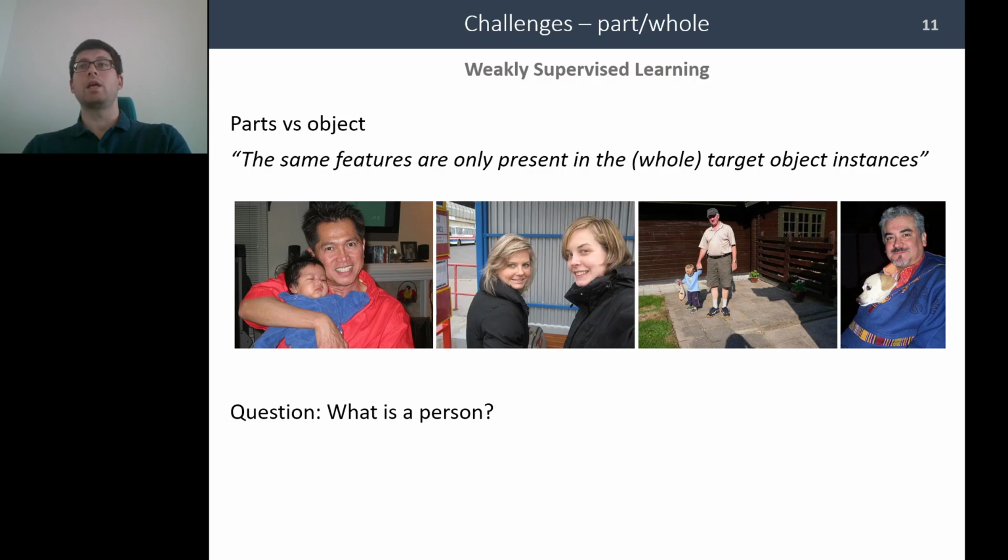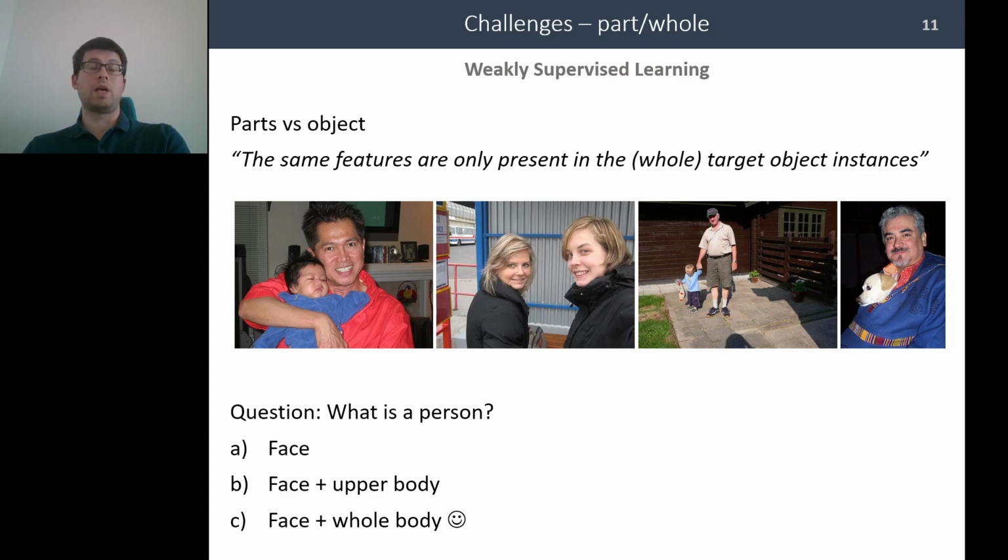By just looking at these images and defining a commonality between them, you may easily think that the person class is maybe a face, or you may assume the person category means a face plus an upper body. In most examples, it is face and upper body. Only in one example, for example here, it is face and whole body.